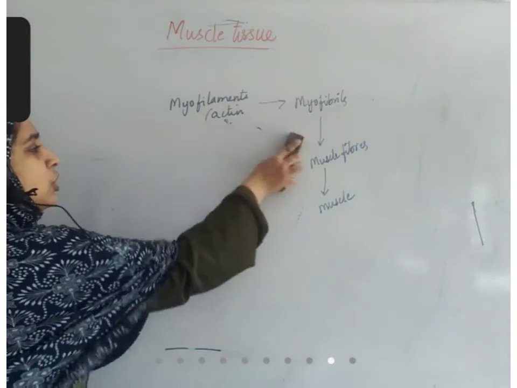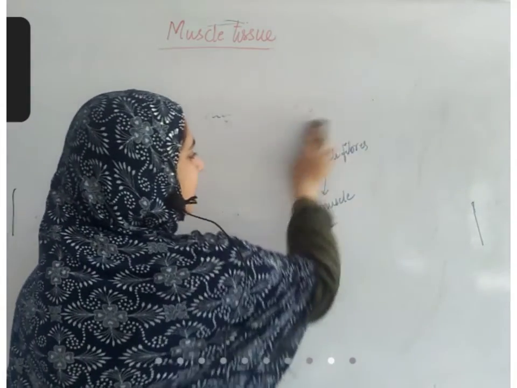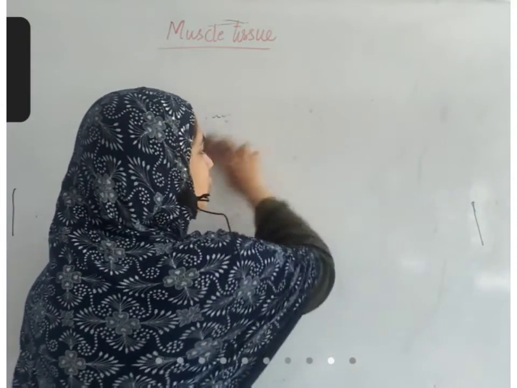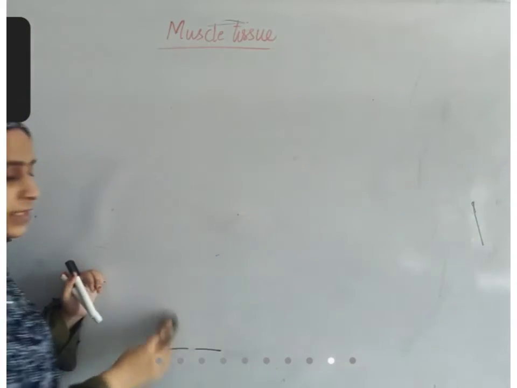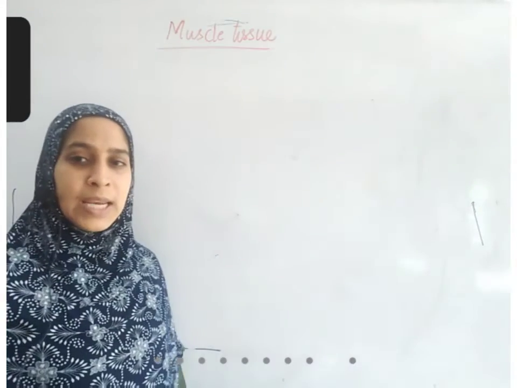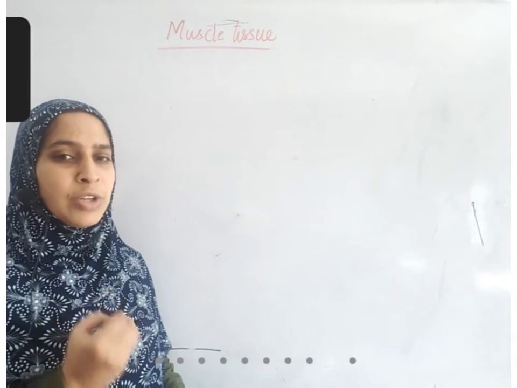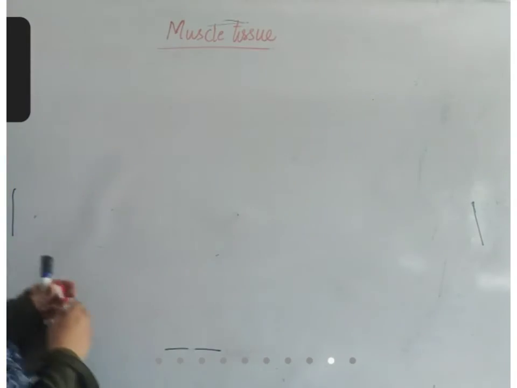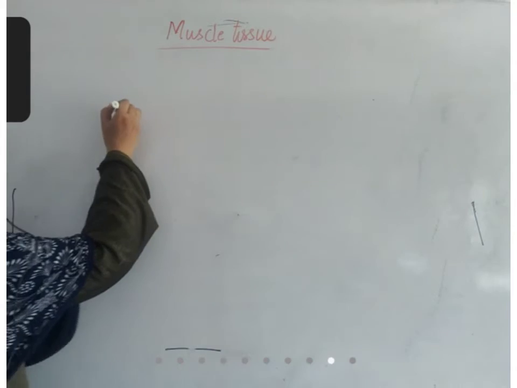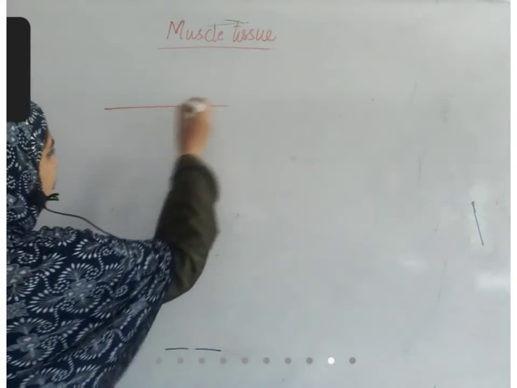So the smallest unit of our body is cells only. We say the smallest unit of our body is cells. Same like that, if you take the brain, what is the smallest unit? Neuron. It is made up of nerve cells. Like that, in the muscle tissue, the smallest unit is the sarcomere.